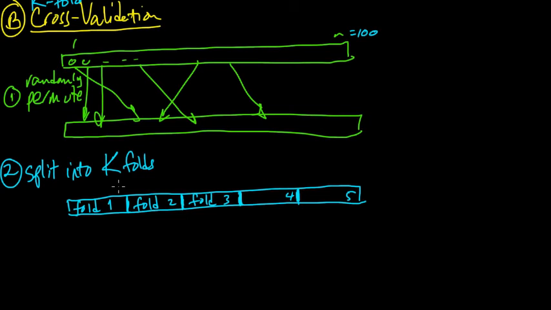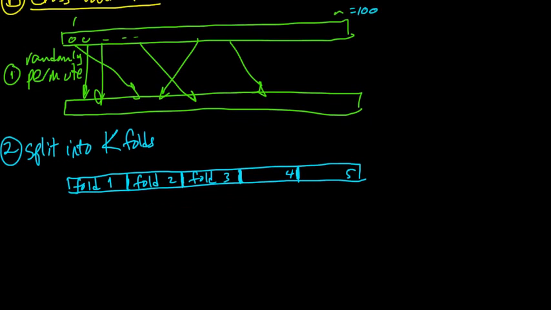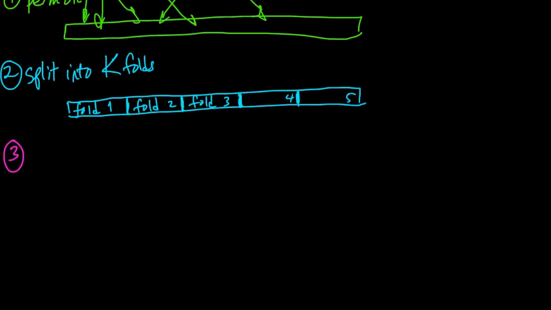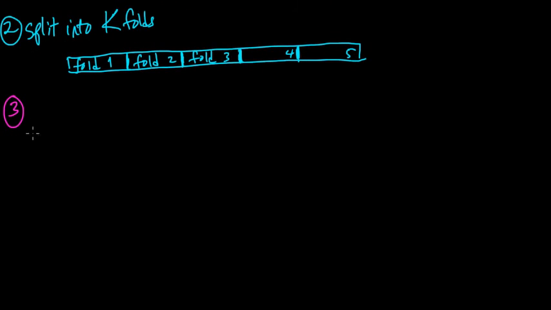So we've split it into these k different folds, and now comes the validation. Step 3, we're going to do a series of rounds. So let me draw a matrix here.